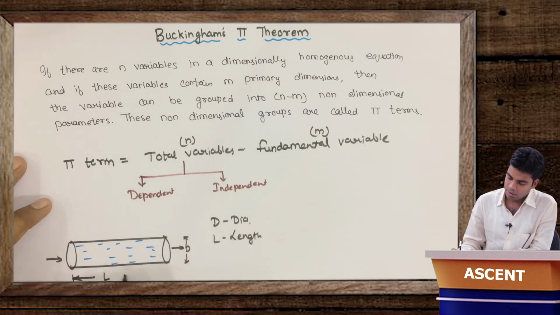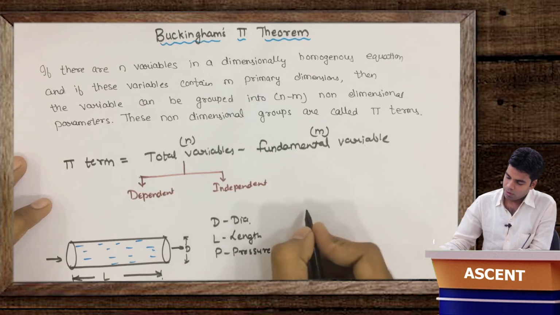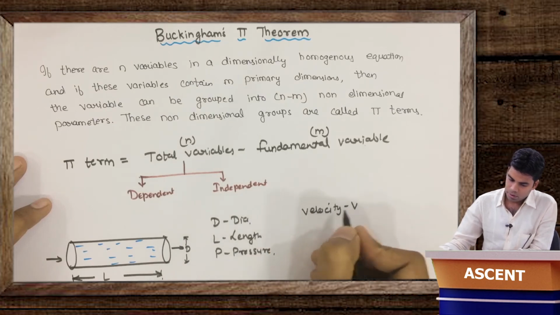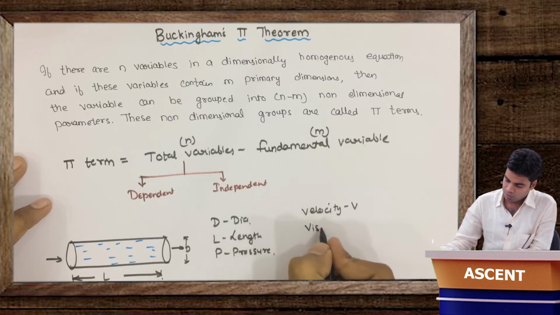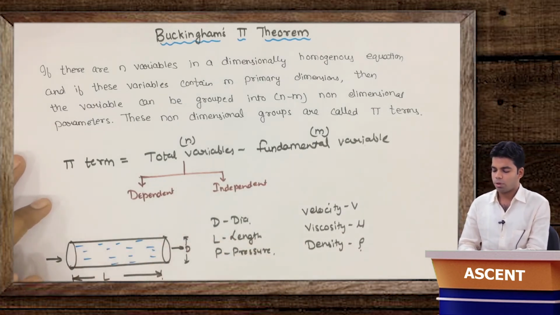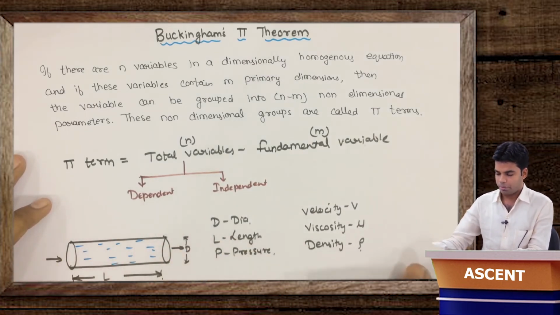Third variable can be pressure. Fourth variable can be velocity. Fifth variable can be viscosity of the fluid or water. And sixth can be the density of water, which is rho.